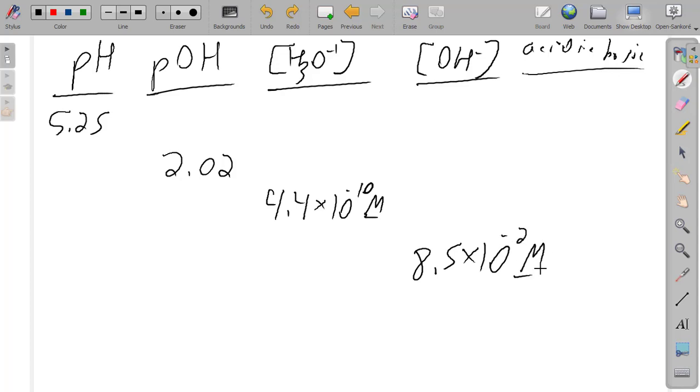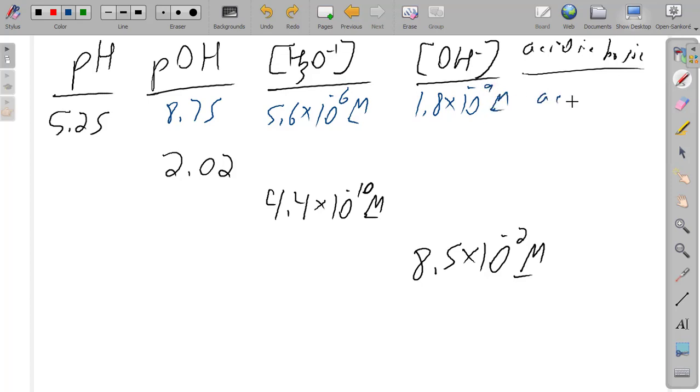All right, because now with the rest of the table, all you're going to do is work through the values. And so we already said this was 8.75, 5.6 times 10 to the minus 6th molar, 1.8 times 10 to the minus 9th molar, and of course acidic.